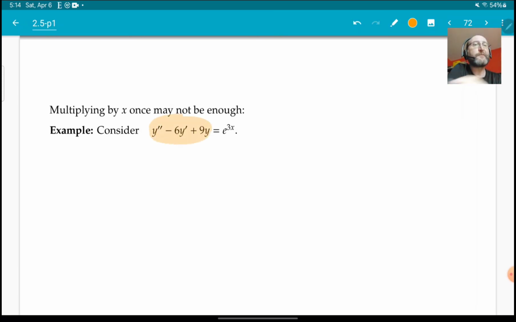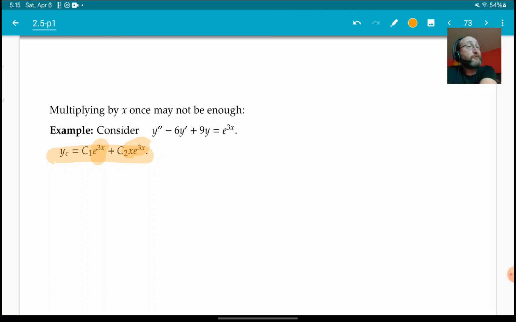So suppose that we have this left-hand side, and again, e to the 3x on the right-hand side. Now, if we find the complementary solution, there's that e to the 3x. So I say, okay, I can try x e to the 3x, but then I notice that's in my complementary solution as well.